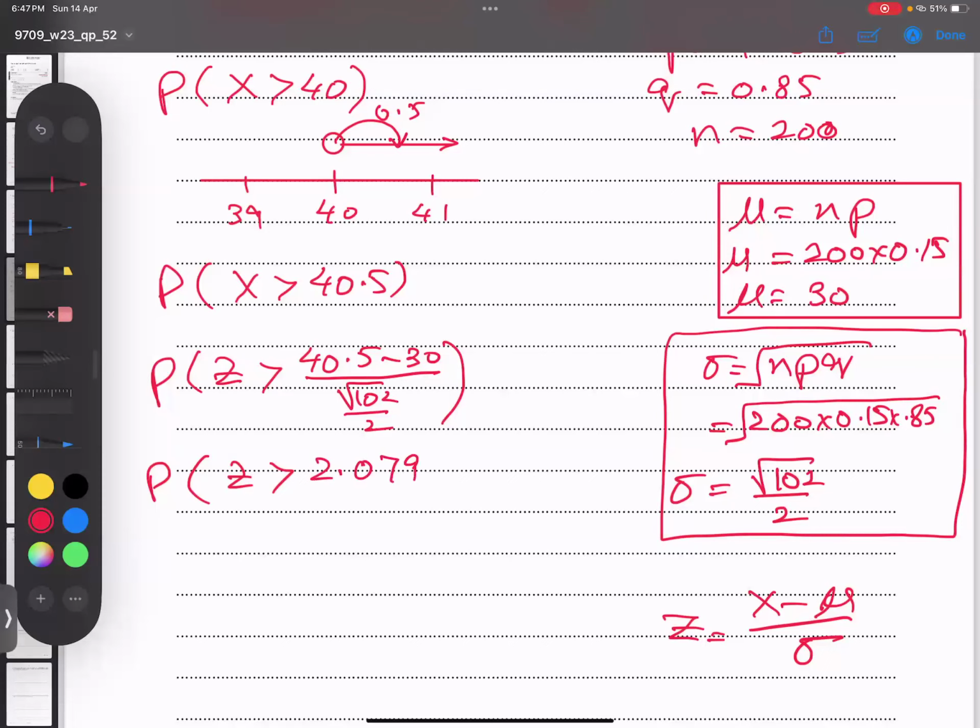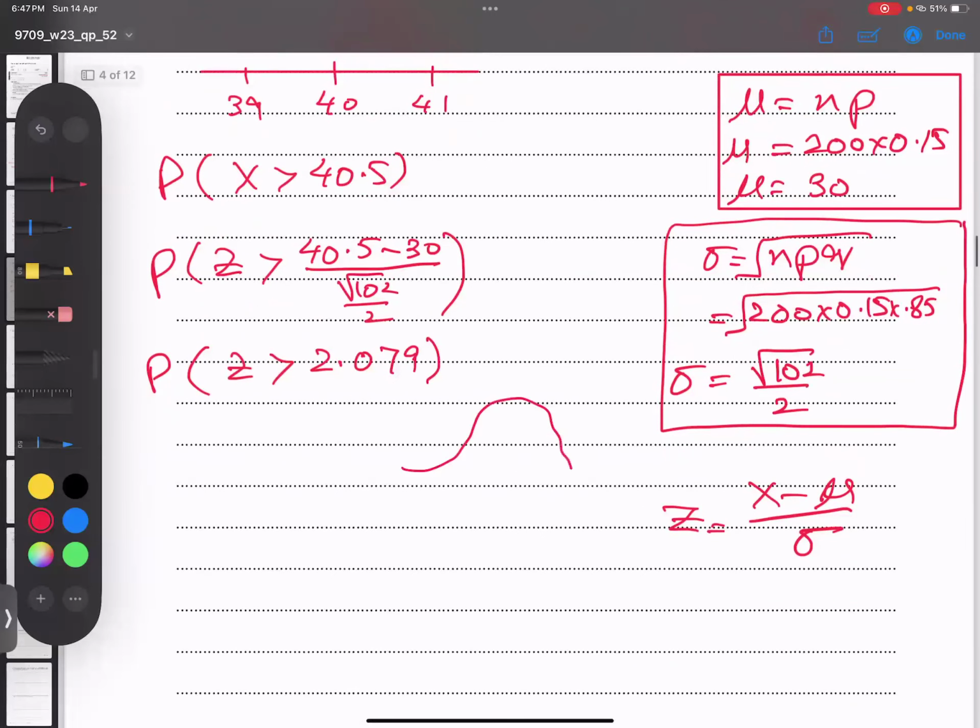I think 3 dp is enough. Now if I draw a bell shape, students, ask yourself first: is it positive? Yes, positive is the right side, negative the left side. So 2.079, z is bigger, the right region.